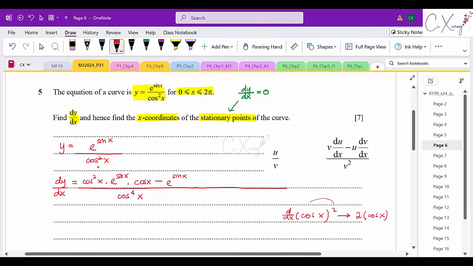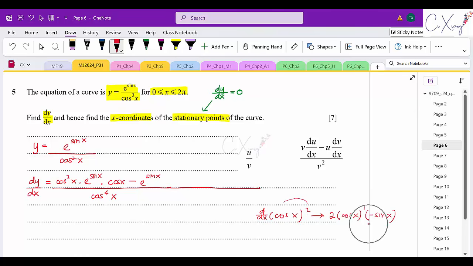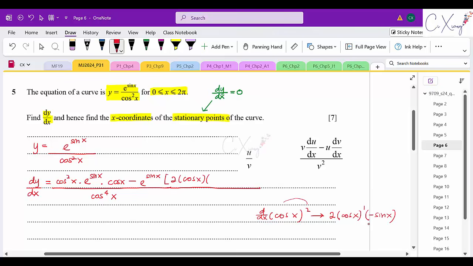Copy the bracket, power minus 1. Then you differentiate the thing inside the bracket: differentiate cos, you get negative sine. All this is basic differentiation, so please make sure that you go and revise it. Therefore, when I simplify, this is what I get. So I will have 2 multiplied by cos x multiplied by negative sine x.